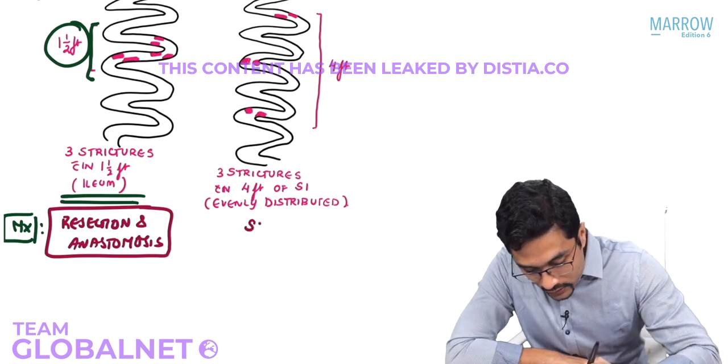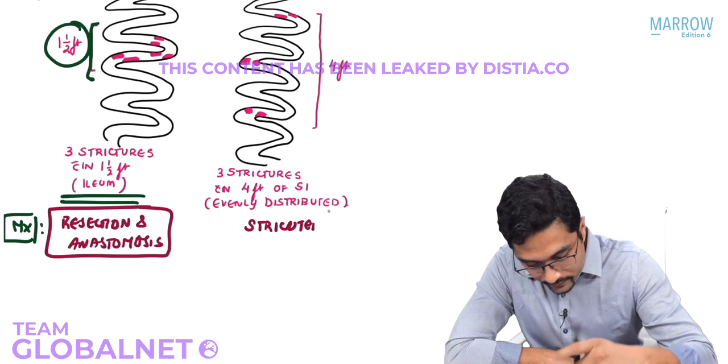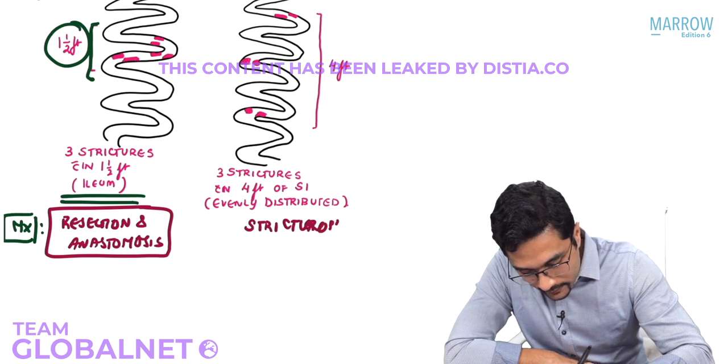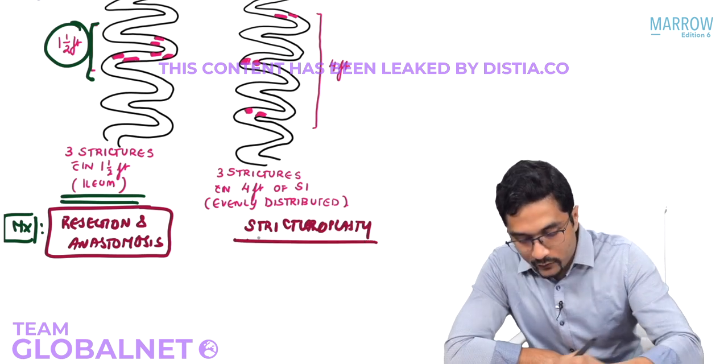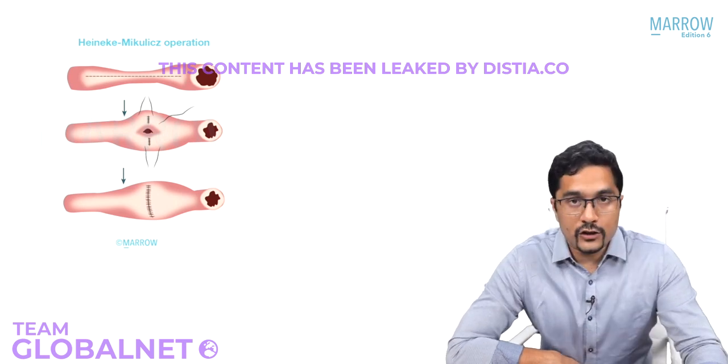So if the strictures are far apart, then we need to carry out a stricturoplasty, and stricturoplasties can be of 2 types. You can either have a Heineke-Mikulicz stricturoplasty.